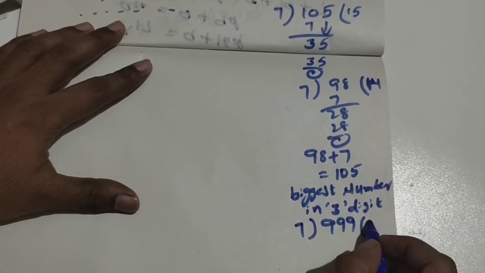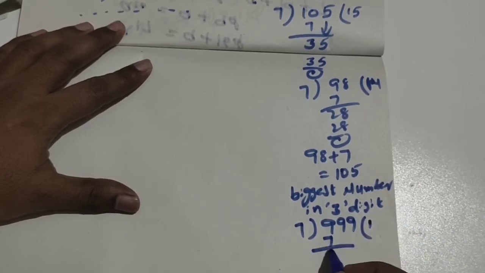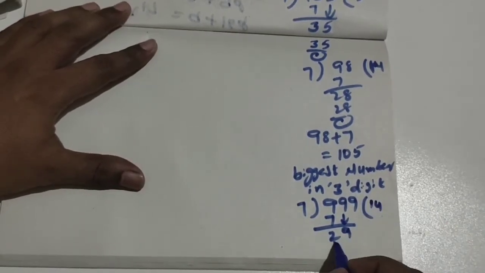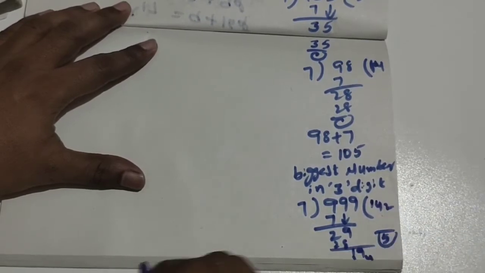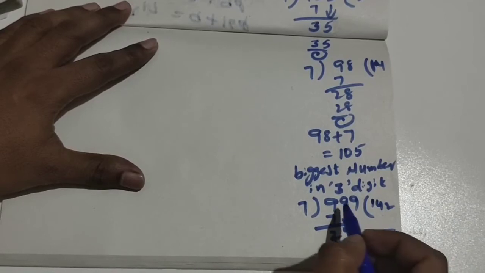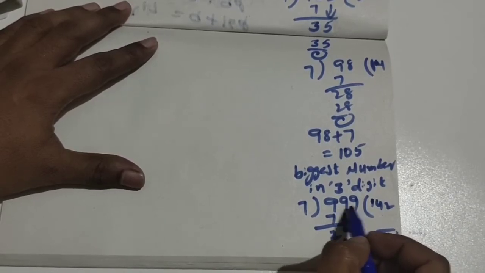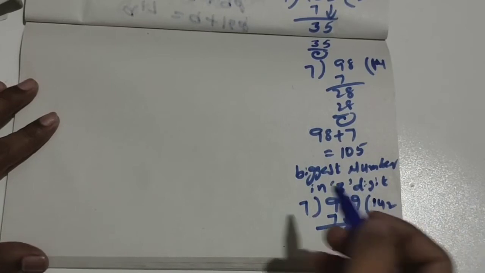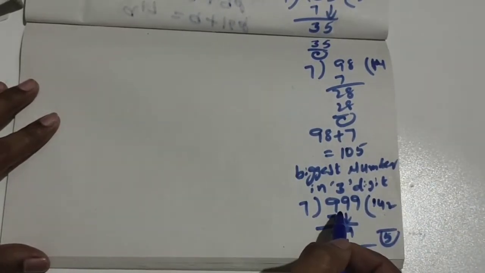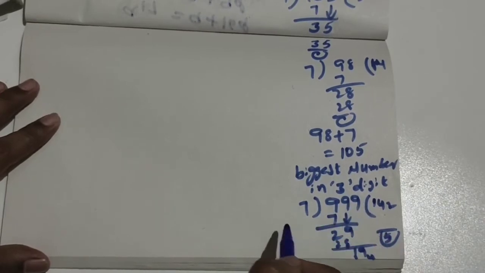First of all, 7 1s are 7. 9 minus 7, 2. 9. 7 4s are 28. So remaining 19. 7 2s are 14. So the remainder is 5. If that 5 is subtracted from 999, then we automatically get the last multiple of 7 which is in 3-digit.